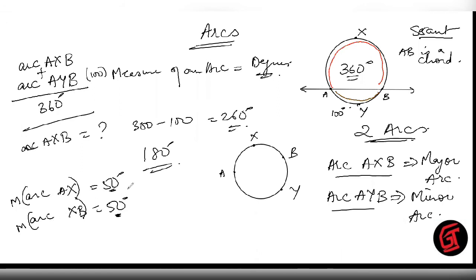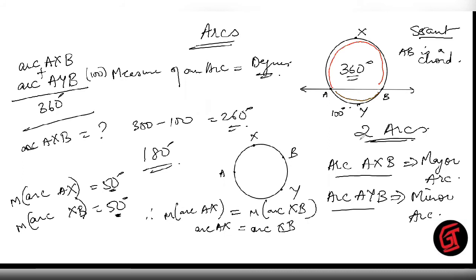Both arcs have equal measure, so measure of arc AX is equal to measure of arc XB, or we can even say arc AX is equal to arc XB. So if two arcs have equal measure, they are said to be congruent to each other. Next, some properties of measures of arcs.